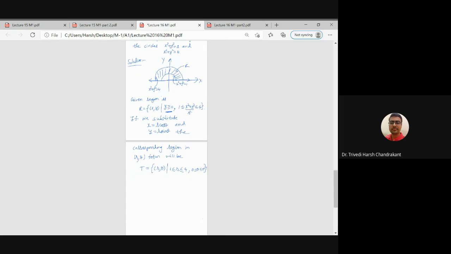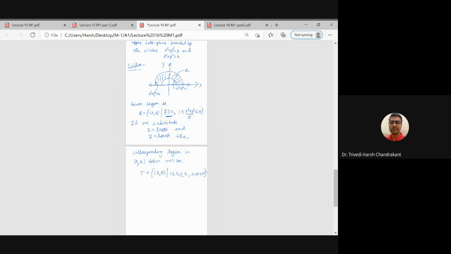If our region is in the first quadrant, then what will be the limit of theta?